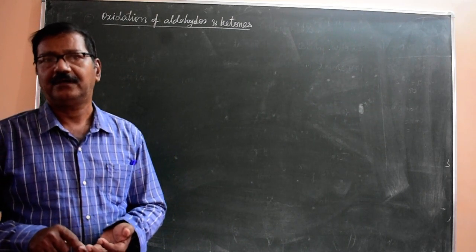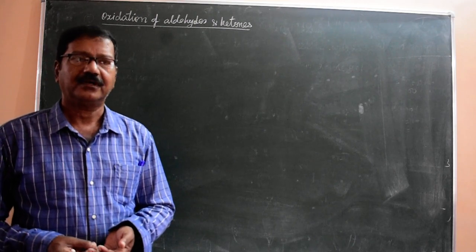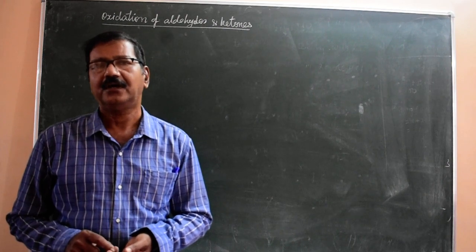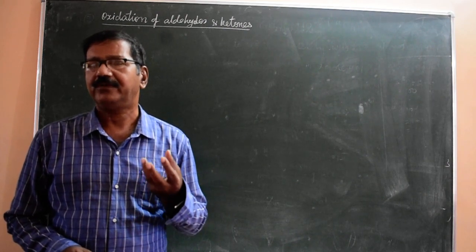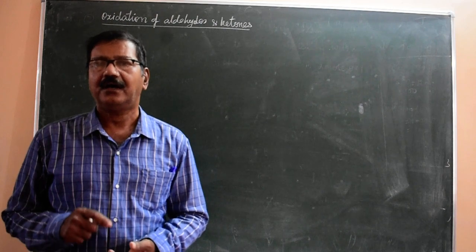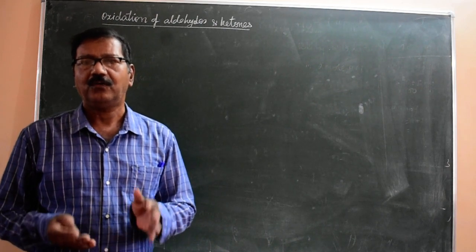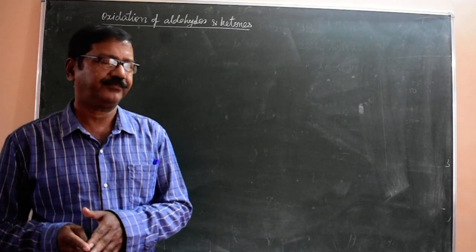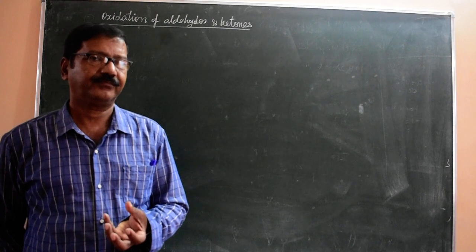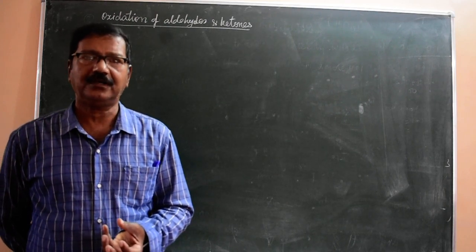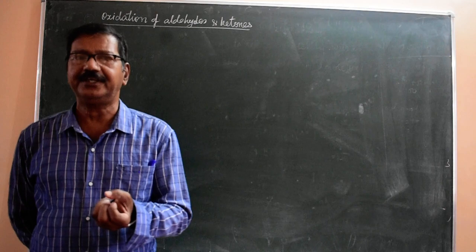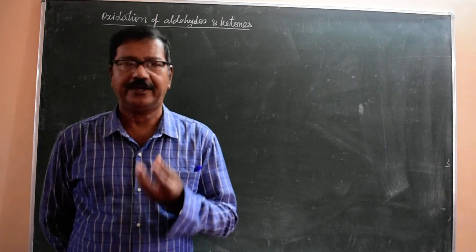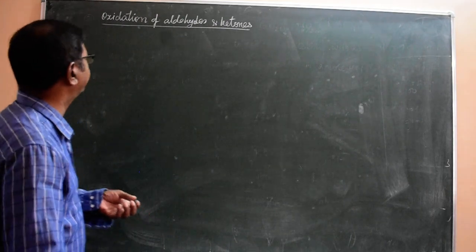A simple Tollens reagent and one more, Fehling's solution, are used to distinguish between aldehydes and ketones, because with the Tollens reagent and with Fehling's solution, only aldehyde undergoes oxidation to give the carboxylic acid, and you are observing a colored precipitate for aldehyde. With Tollens reagent you are getting a black precipitate, and with Fehling's solution you are getting the red precipitate. So let us discuss that.